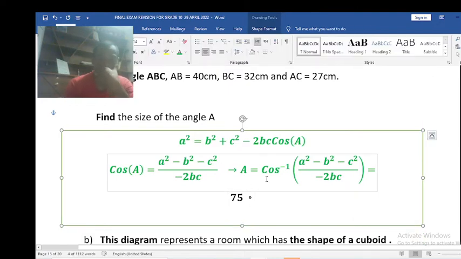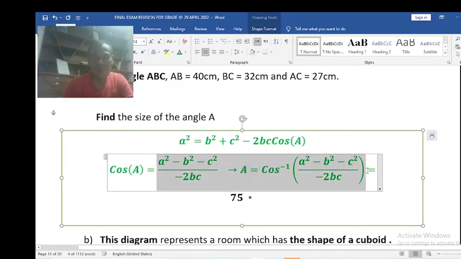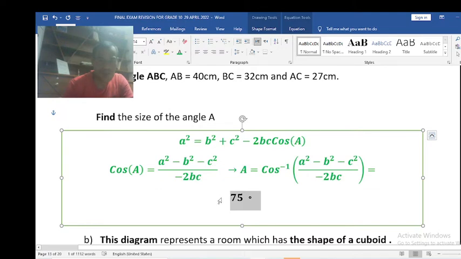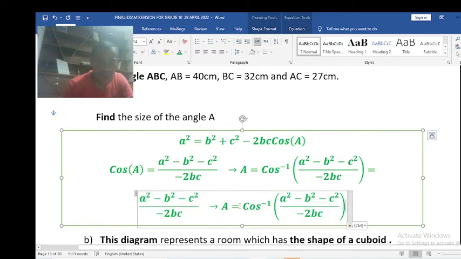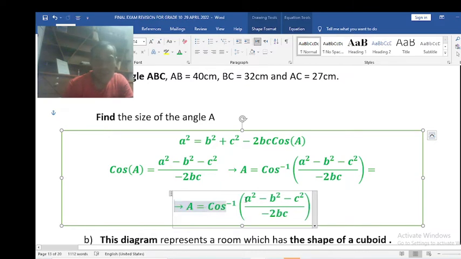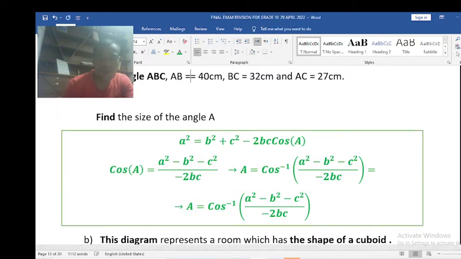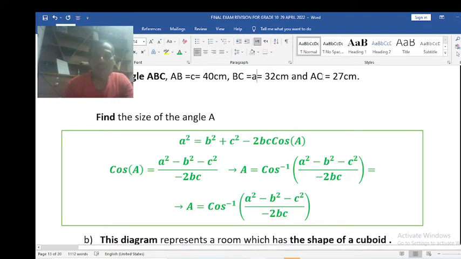Therefore, now substitution. A equals cosine minus 1, and AB is equal to small c, then this one, BC, is equal to small a, then AC is equal to small b.